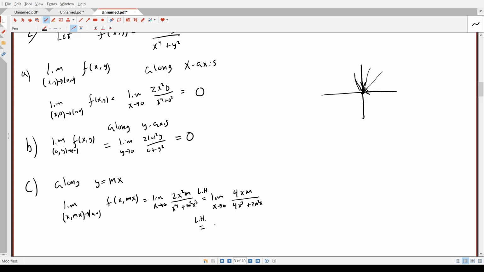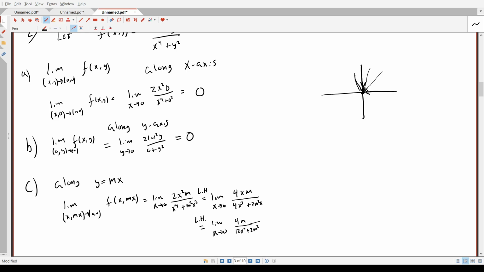So I do the derivative of the top, and I get 4m. I do the derivative of the bottom, and I get 12x squared plus 2m squared.